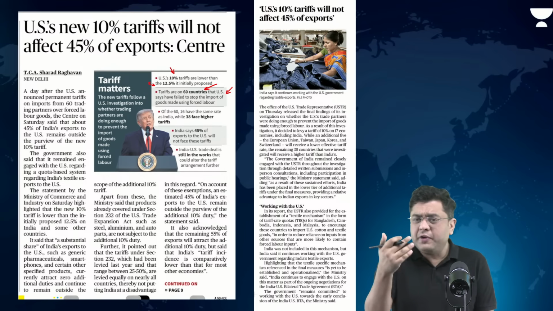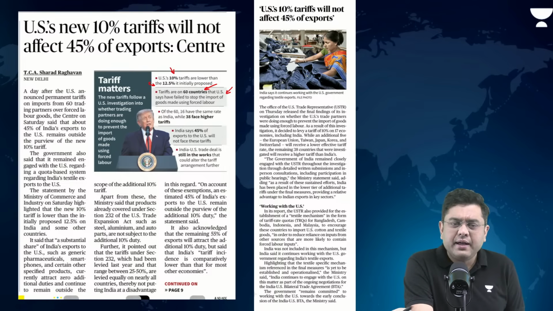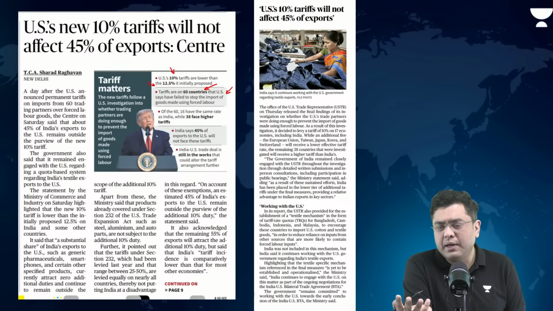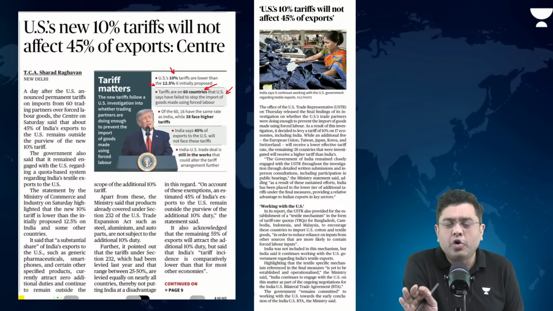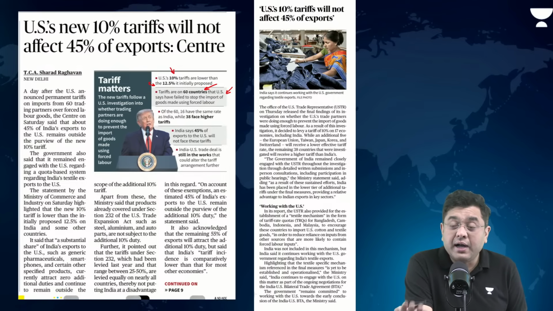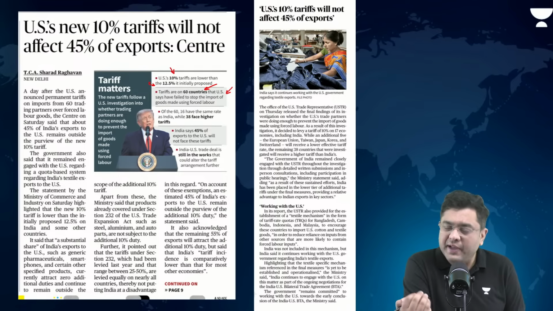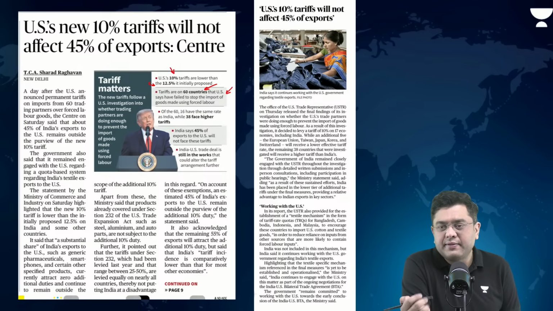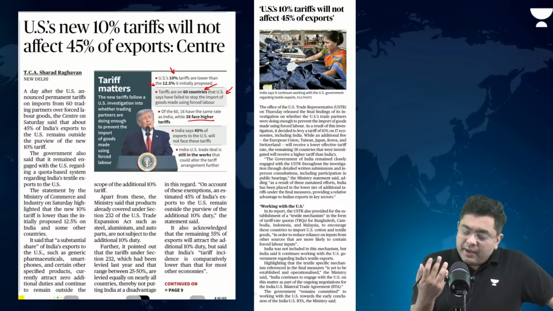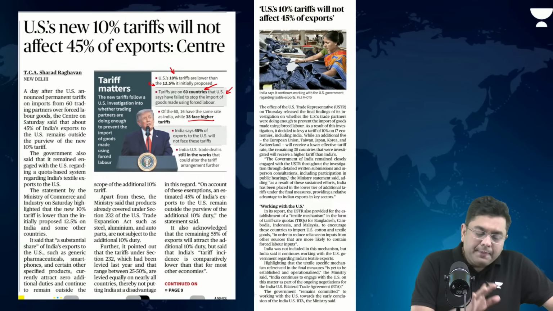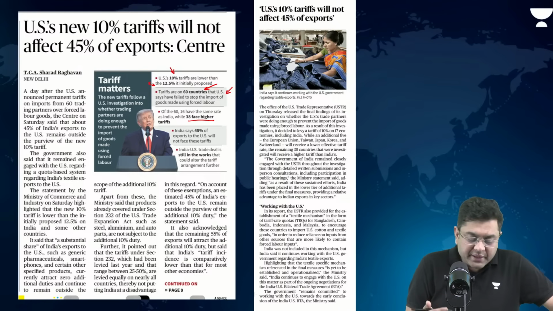And mind you, ever since the federal court overturned the US administration's move to impose tariffs, the administration was seeking an alternate route to seek additional revenues from the countries, and that is where it has imposed these tariffs. 16 have the same rate as India, while 38 face higher tariffs. Out of Indian exports, a substantial amount will be exempted from this tariff.